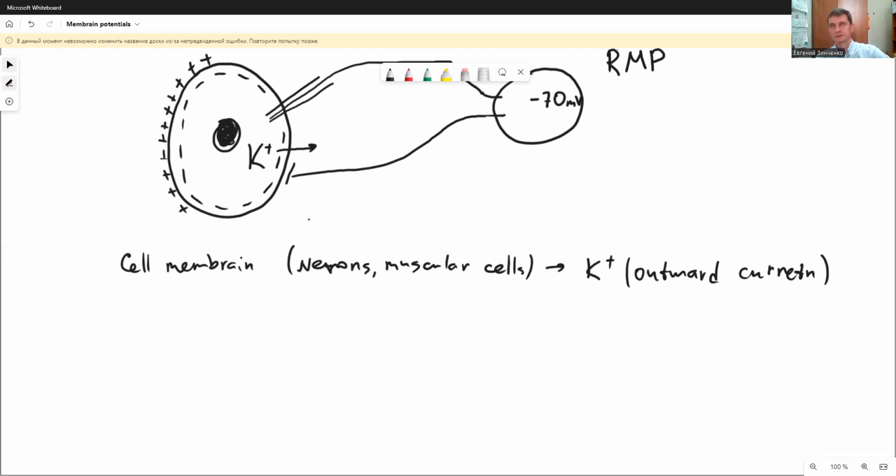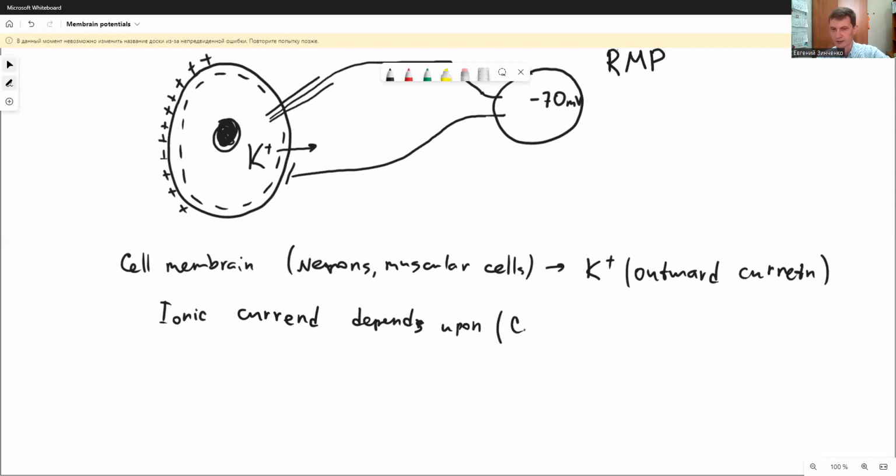Okay, so the movement of an ion, the ionic current through the cellular membrane, is influenced by two main factors. Ionic current depends upon two factors.